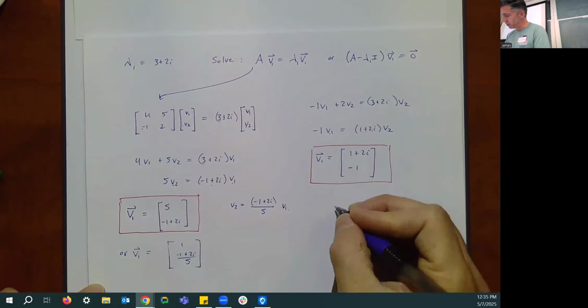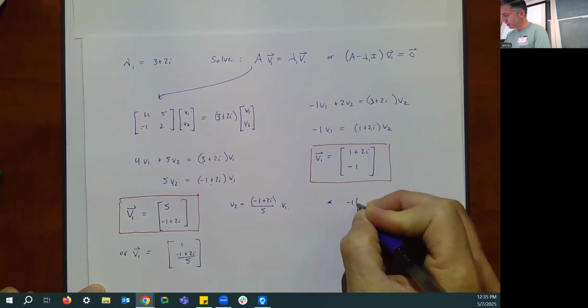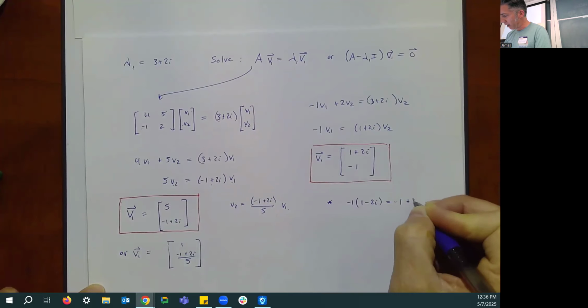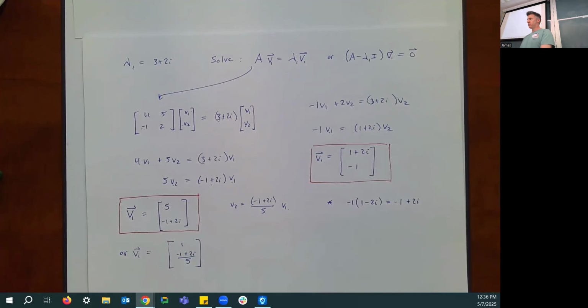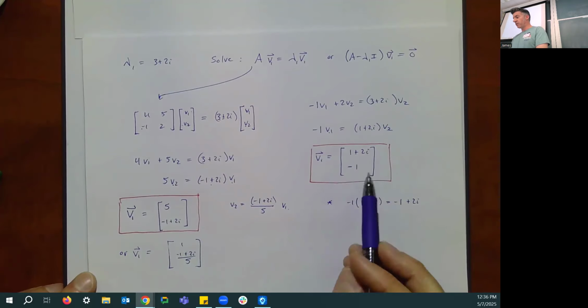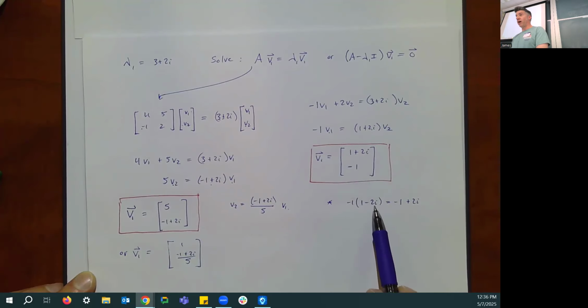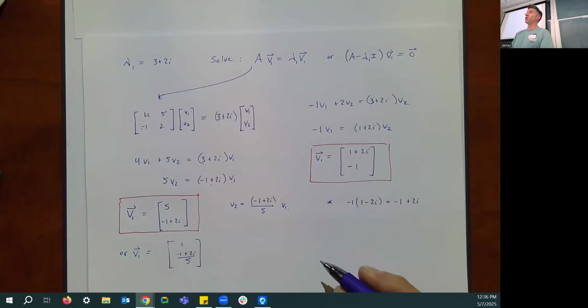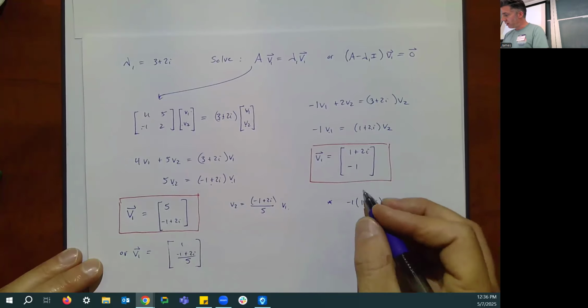So let's point out, negative 1 times 1 minus 2i is negative 1 plus 2i. Seems legit, right? Okay, so I know that if I multiply this vector by 1 minus 2i, a constant, just an imaginary constant, but still a constant, the bottom component will work out just fine. We have to make sure the top component also works out.